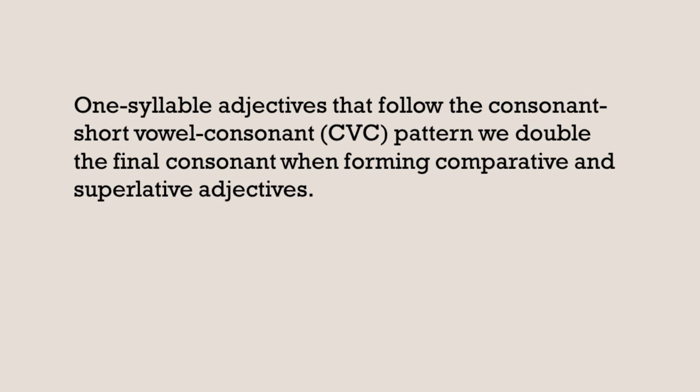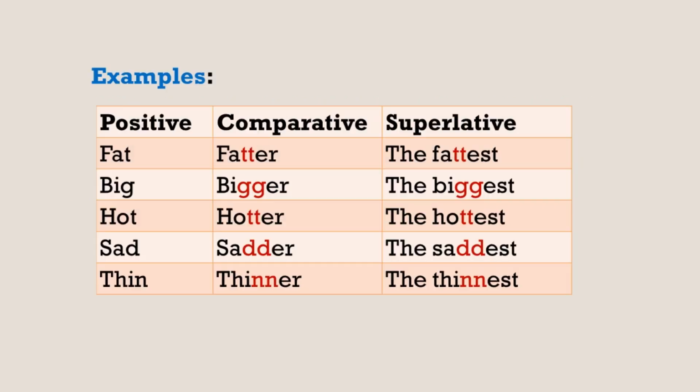Rule 3. One-syllable adjectives that follow the consonant, short vowel, and consonant pattern, the CVC pattern, we double the final consonant when forming comparative and superlative adjectives. Examples: in the positive we have fat, big, hot, sad, and thin.